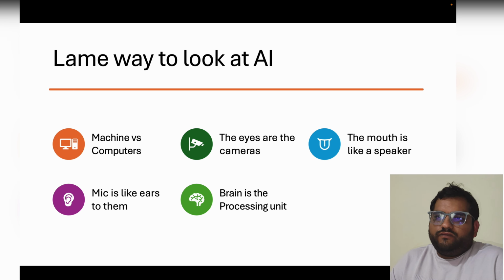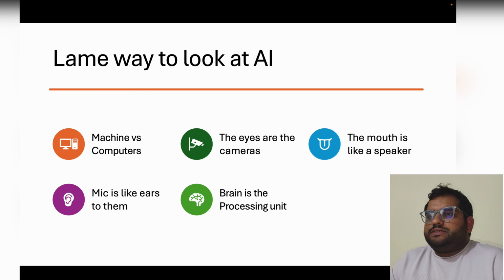For example, whatever we see with our eyes is equivalent to what the computer sees from the camera. Whatever we speak out of our mouth is similar to the speakers of the machine, how the computer is speaking with the help of a speaker. And when we listen to something, it's like a mic where the computer tries to listen to whatever we are speaking with the help of a mic.